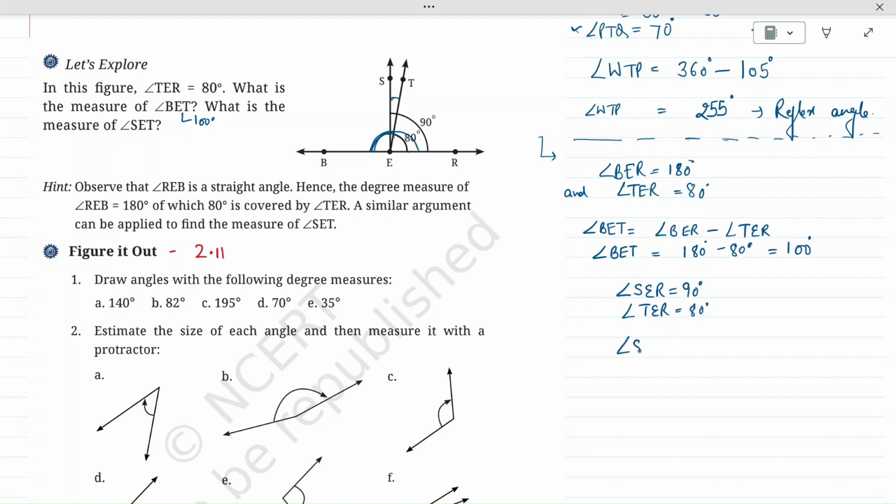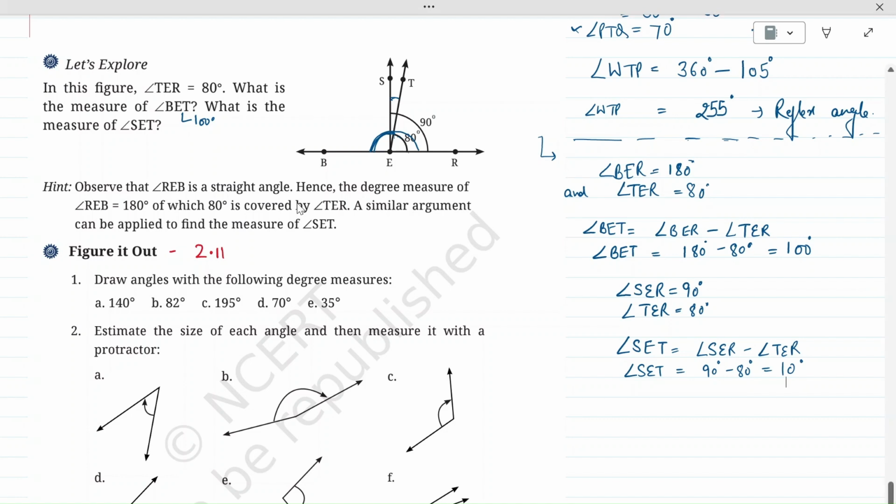So I can say angle SET is equal to angle SER minus angle TER, which is 90 minus 80, equal to 10 degrees. That is the answer here. I hope this is clear. This is simple subtraction from the figure. We have subtracted the angles as they are displayed in the figures, and we have found the remaining degrees.